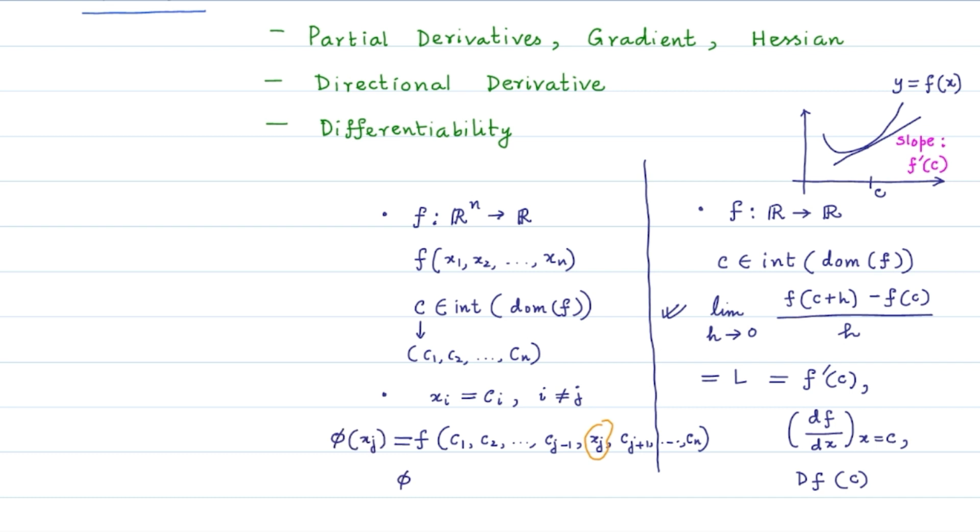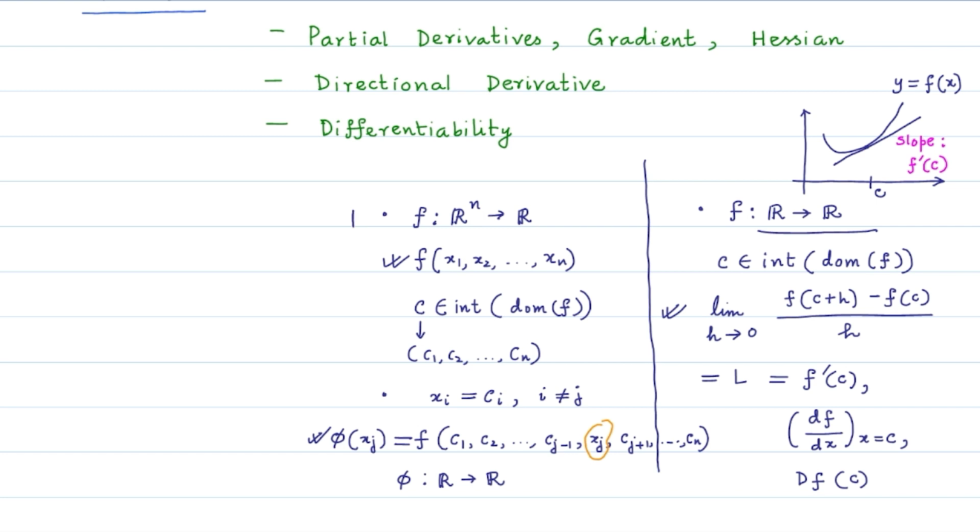Now we compute the usual derivative of the function of one variable phi at xj = cj. The derivative value of phi at xj = cj is called the partial derivative of the function f with respect to the variable xj.